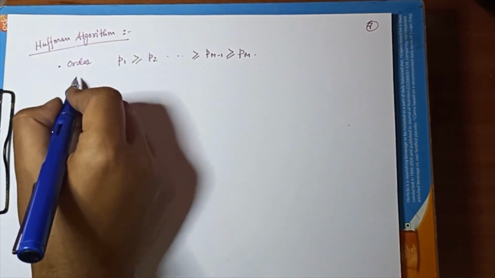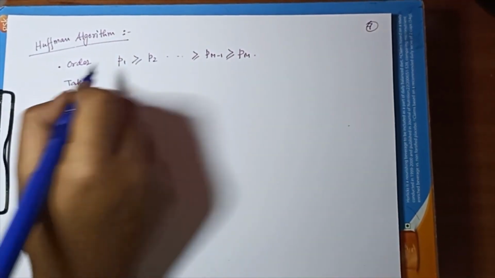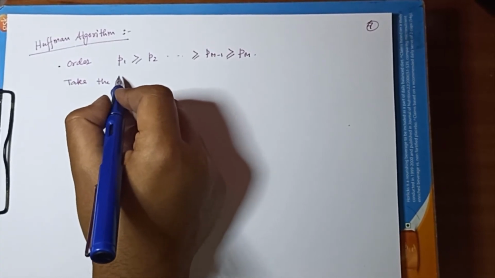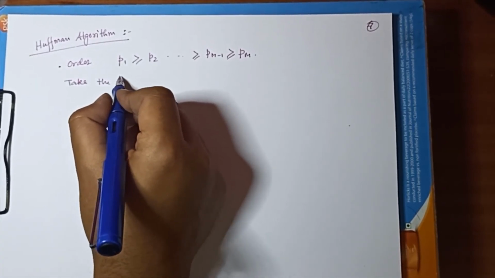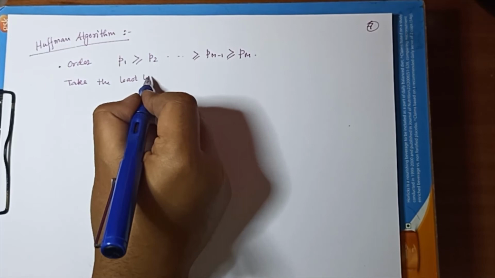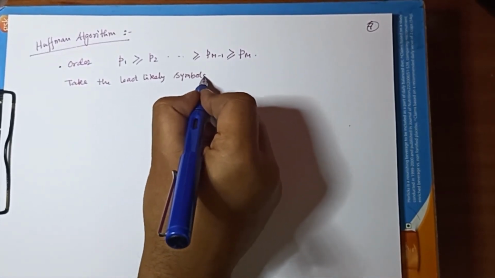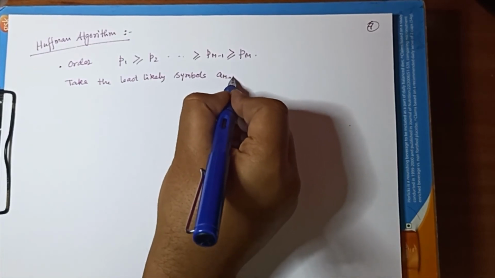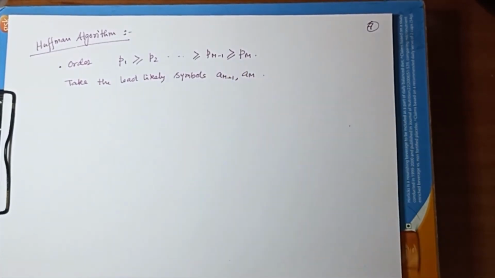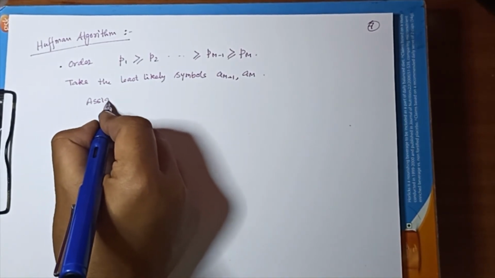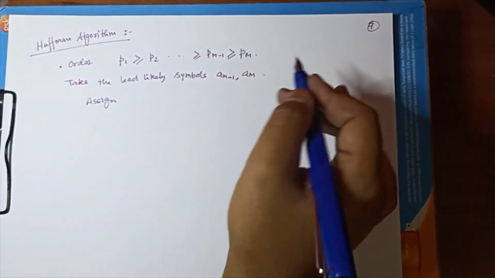Okay. So take the two least probabilities, the least likely symbols, Am minus 1 and Am. Then assign the maximal length.